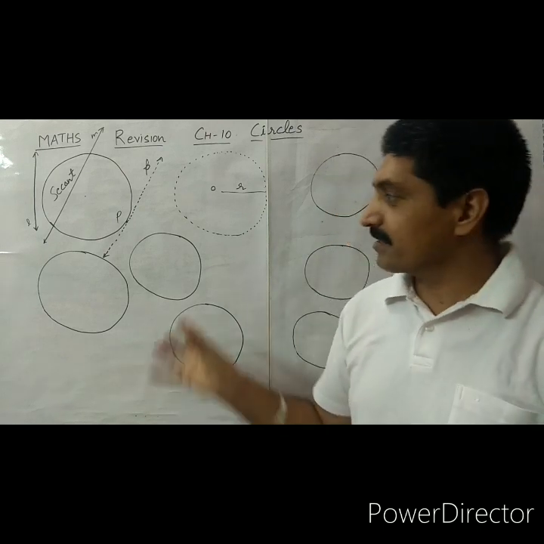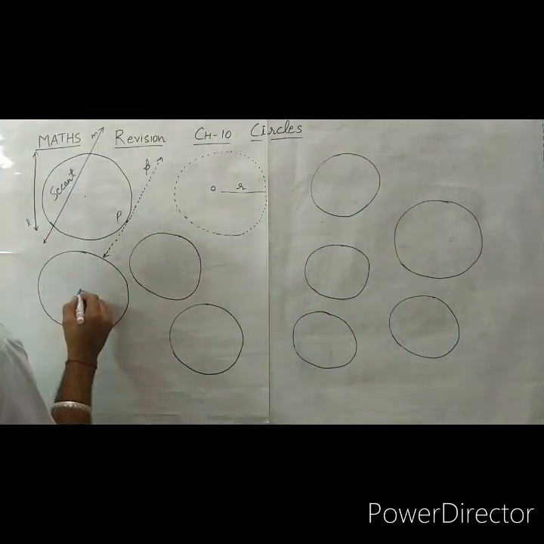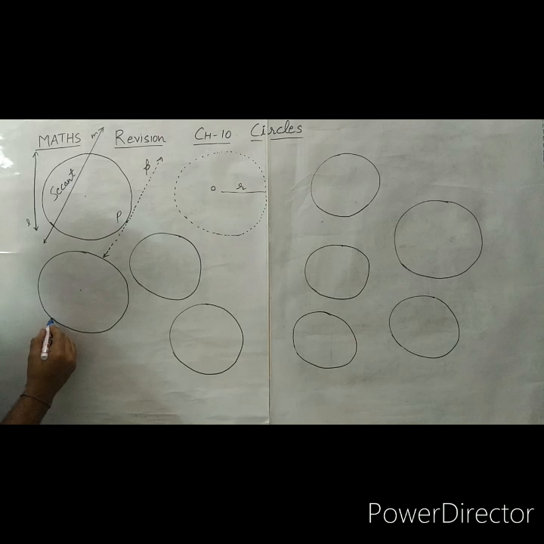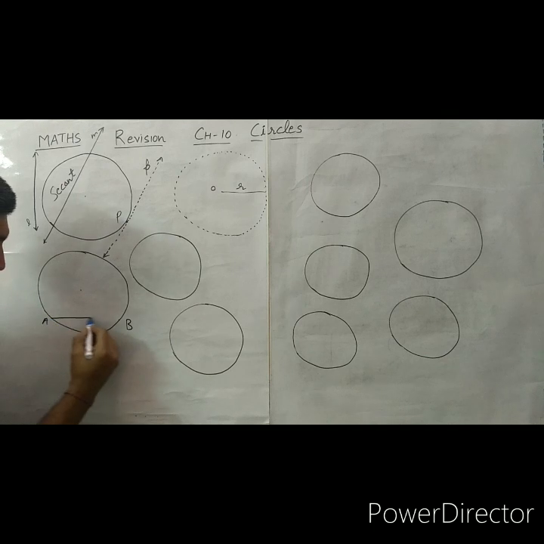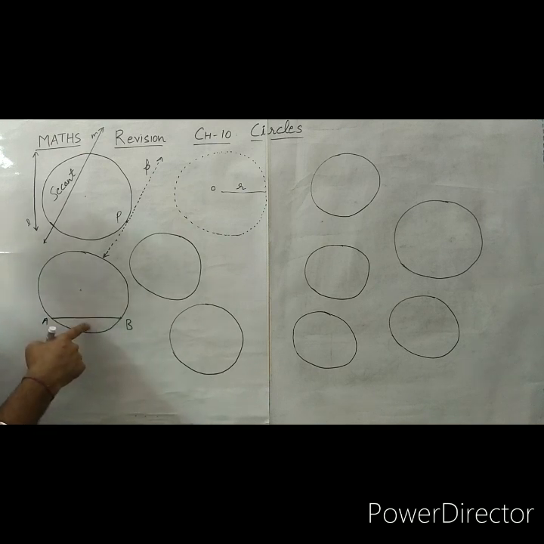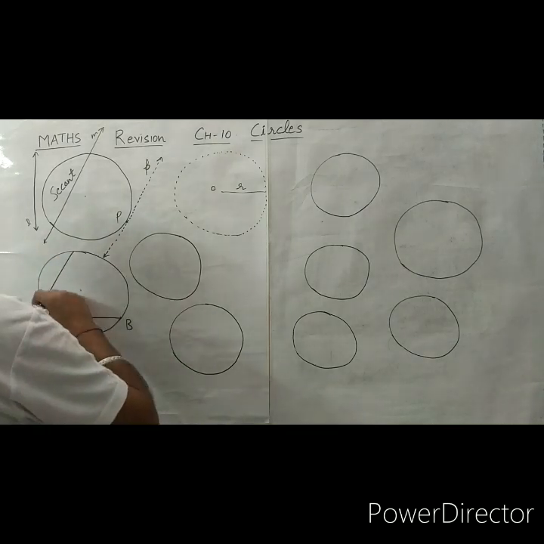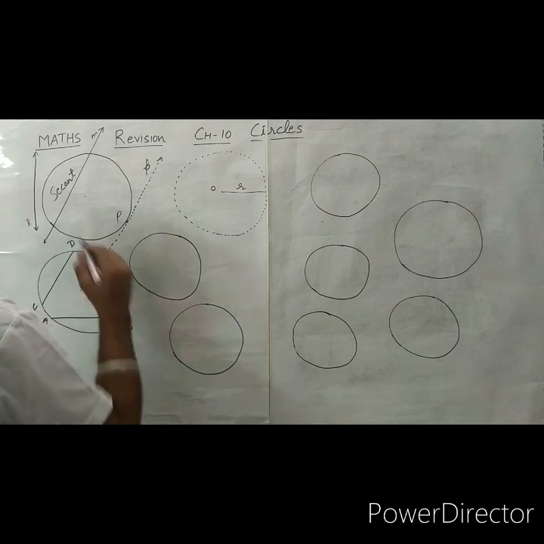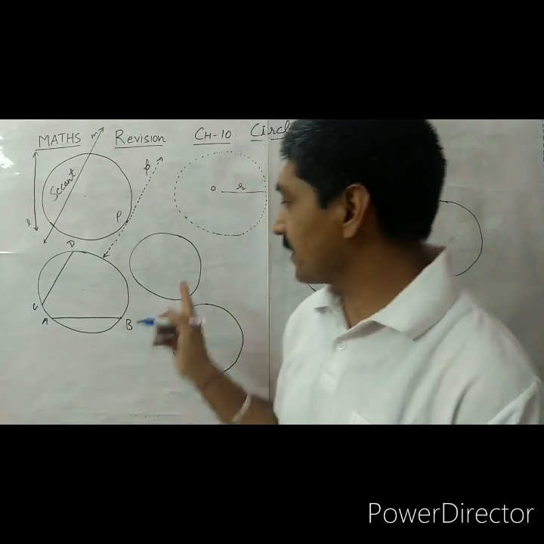So let's recapitulate the concepts of grade 9 also. In grade 9, we have studied that if in a circle we have two chords of equal length, if AB is equal to CD, then the angles subtended by both the chords at the center are always equal.